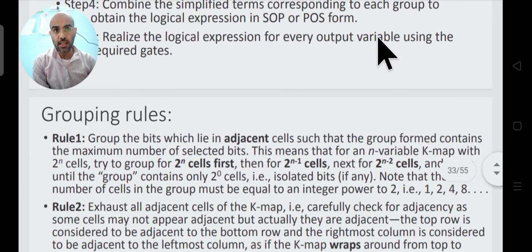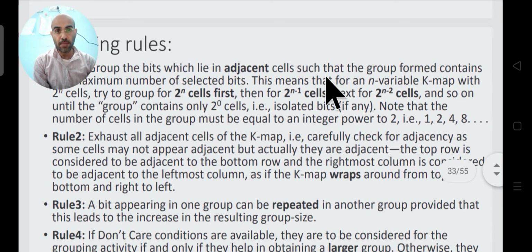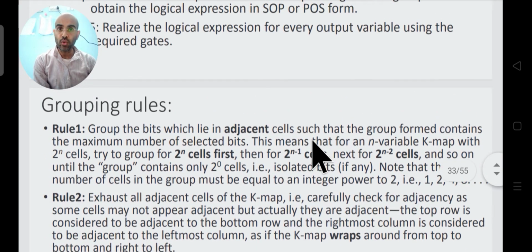But the important thing is the grouping, and this is a little tricky. If you are able to form the proper groups, then only you will get the correct answer. This grouping is tricky, and it depends upon practice. The more comfortable you are with the rules and the more you have practiced, the more properly you will apply them.